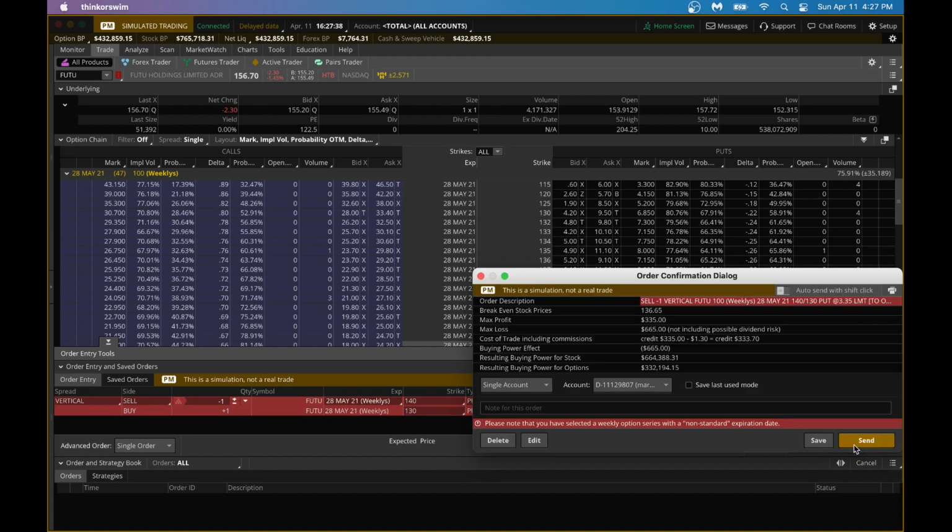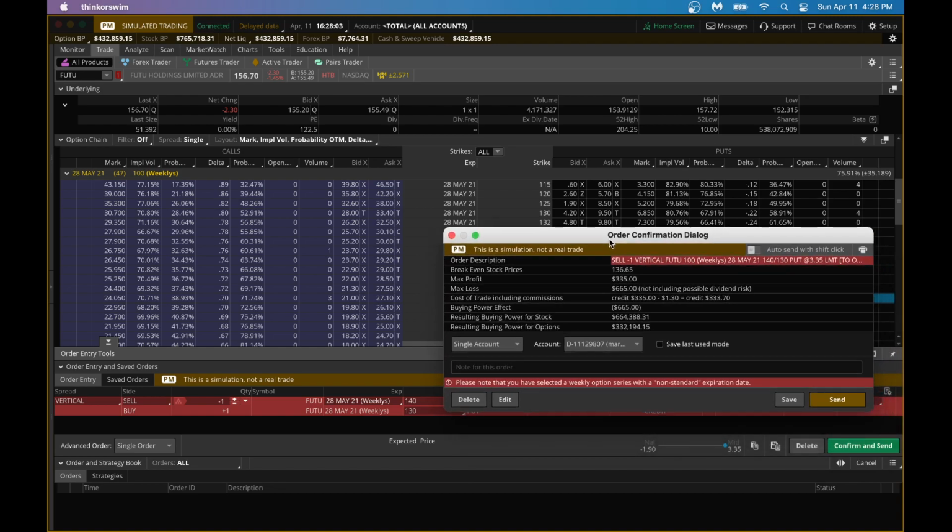So if you confirm and send here, as you can see here, your max profit is 335, your max loss is 665, and your buying power effect is 665. So this much money will be removed as collateral, and break-even price is 136. I think this is a good trade.